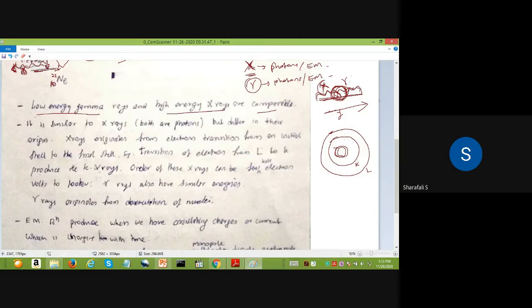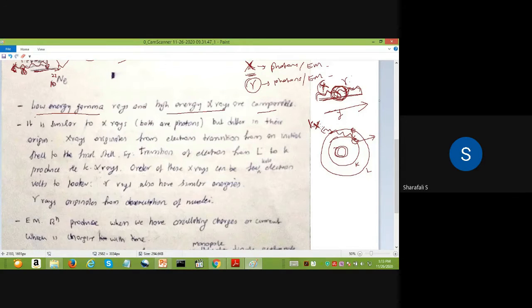If you somehow knock out one particular electron from this shell, an electron will come to this position and emit some radiation. In this particular case it is K X-ray radiation, which is coming out because it is reaching the final state of the K shell. So this is the origin of the X-rays, coming from the de-excitation of the electrons revolving around the nucleus.